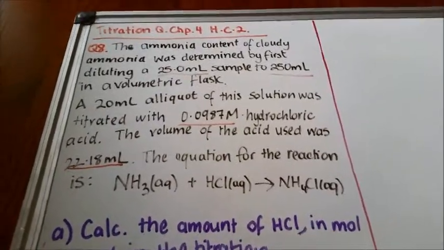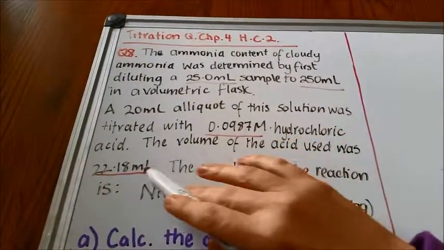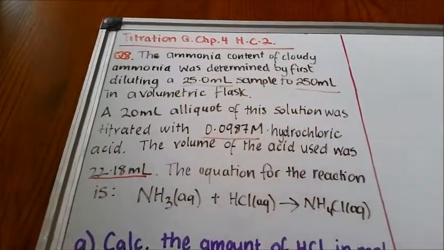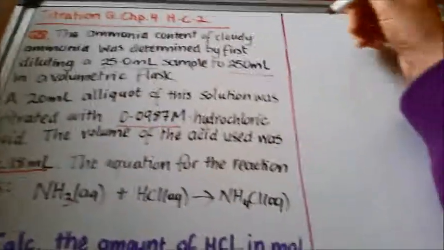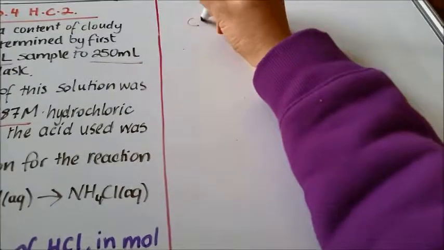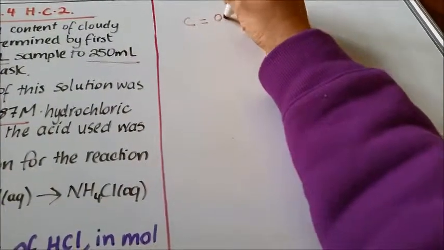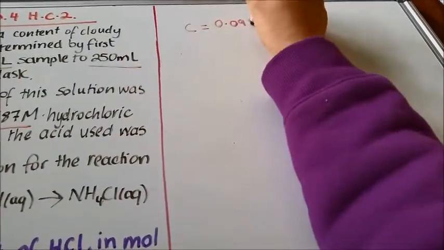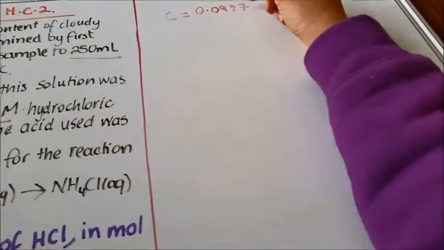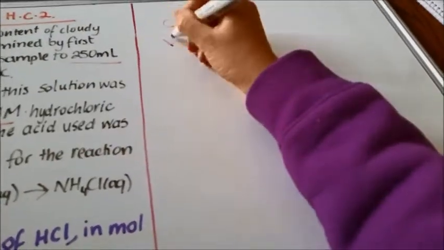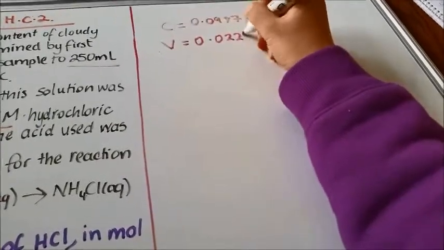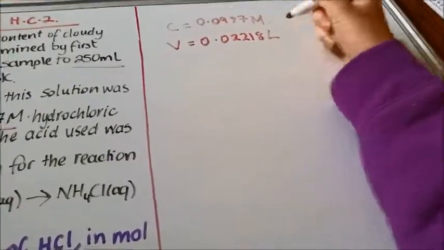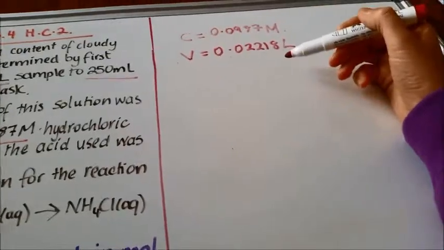titration. Now already, as you can see here and here, we've sort of already defined our variables. So if we have a look at this, what we have is that our concentration is going to be equal to 0.0987 molar, and we know that our volume is equal to 0.02218 litres, because our volume is always given in litres.